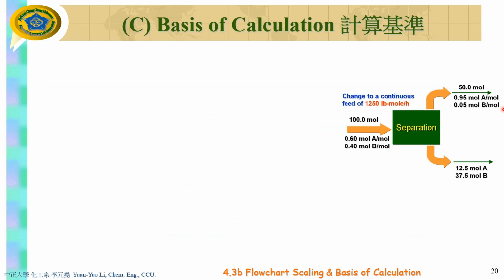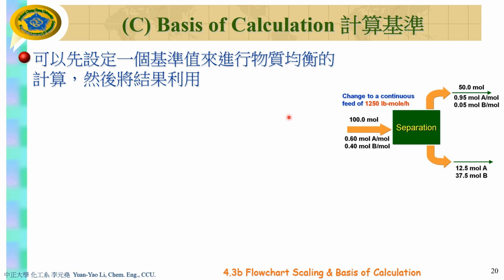So another important topic in this section is you need to choose a basis. For example, if you do an exercise, you need to find out what the basis is. The basis is the point where you start to do the calculation.